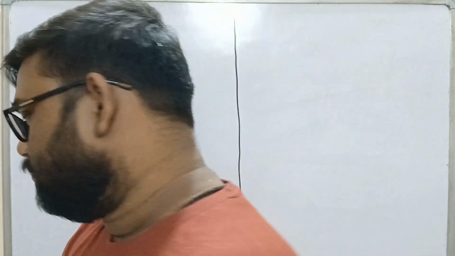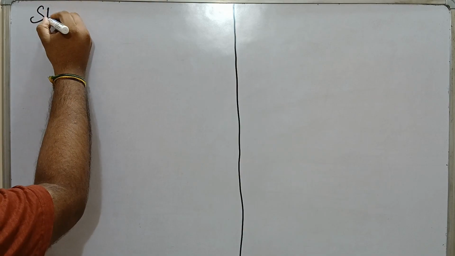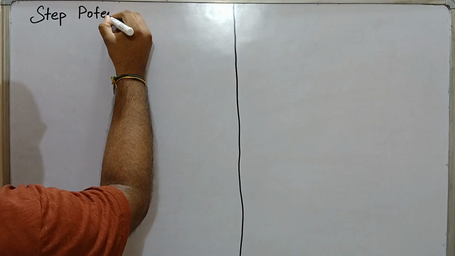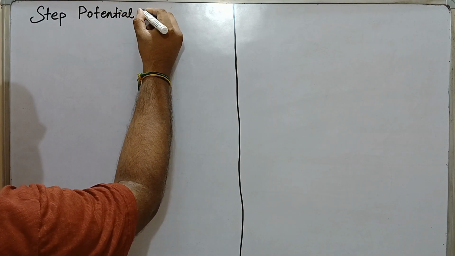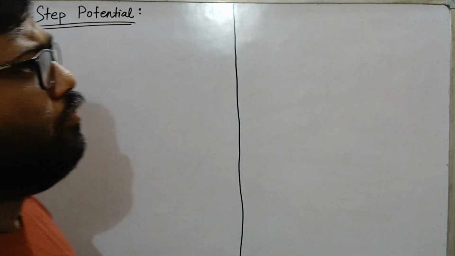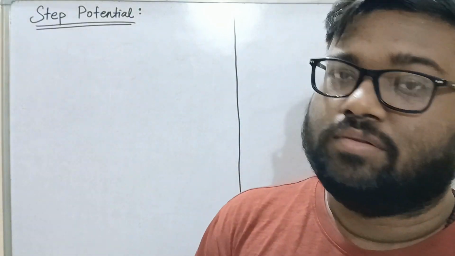So let's come here. Let's discuss. What is a step potential? Few books have a subject written as step potential, and few books don't. For example, Griffiths doesn't have anything written as step potential. In Griffiths, they have a question, if I correctly remember, in the second chapter.